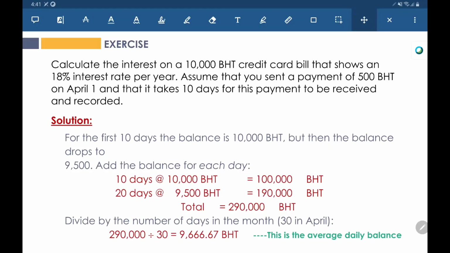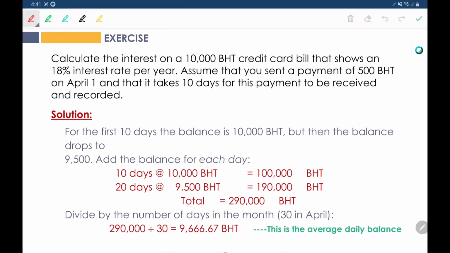So, from this information, you borrow money from the bank in this amount, and then you pay off 500 baht. So, what is the outstanding balance for you? The outstanding balance, or principal, can be found for each day.